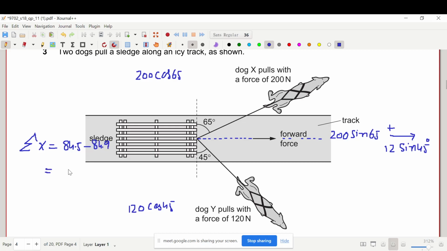So what you have got is minus 0.4. Okay. Yes. So what about the y components?